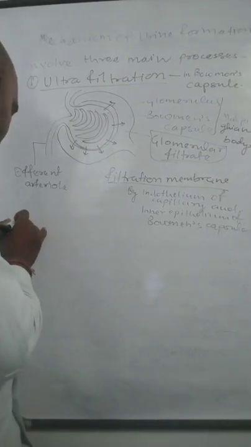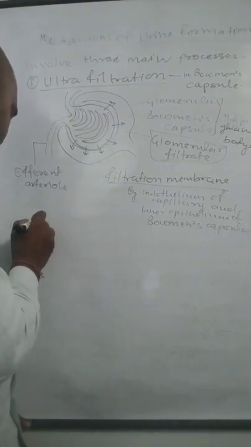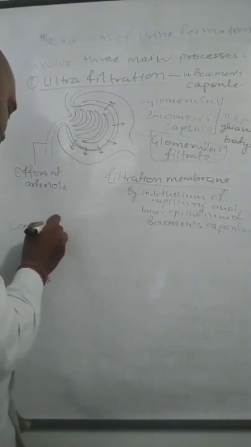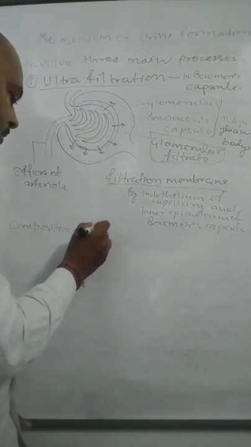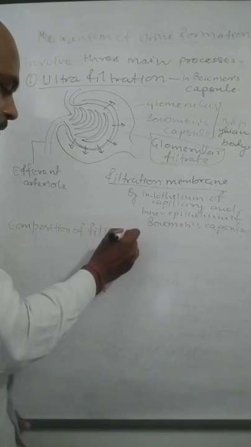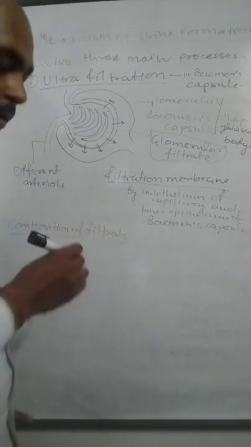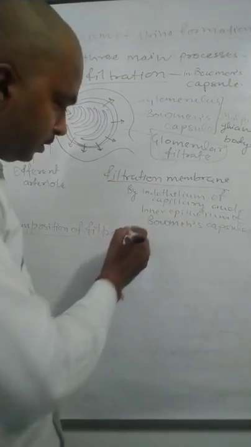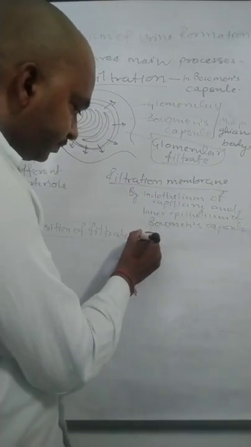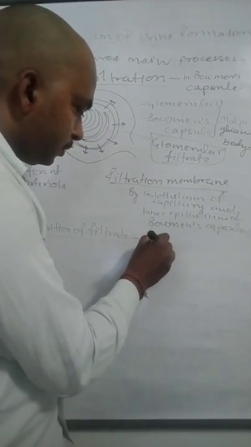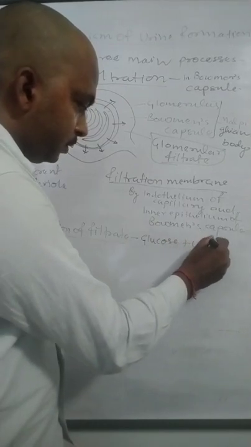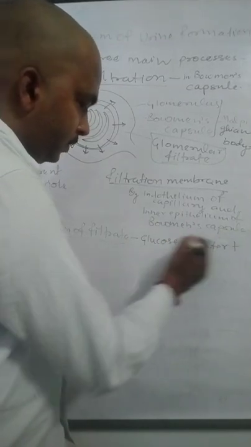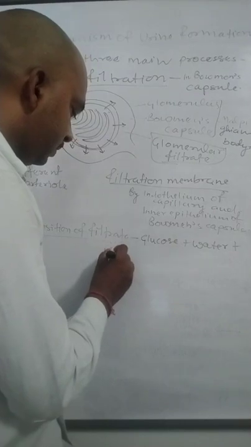So the composition of the filtrate after ultrafiltration: it consists of glucose plus water plus nitrogenous waste.